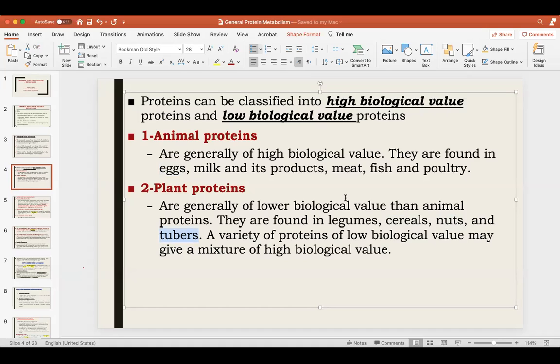If you take a mixture of the plant protein, you can get all the essential amino acids, because in one type of plant, there is deficiency of 1 or 2 essential amino acids. In another type of plant, there is deficiency of different amino acids. So if you mix different plant proteins, you can get all the 10 essential amino acids.